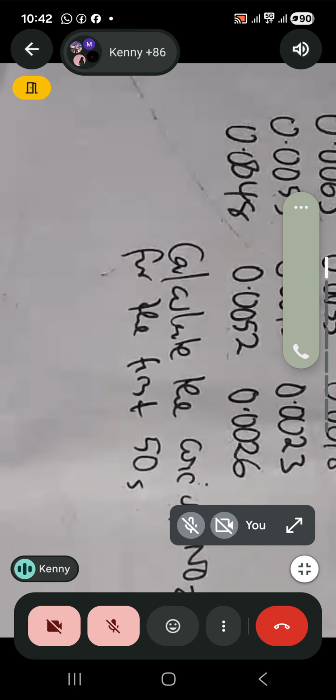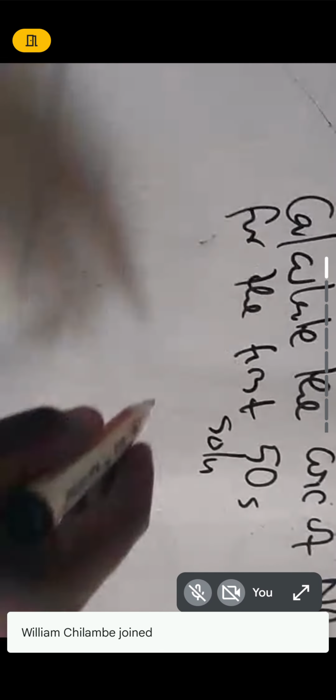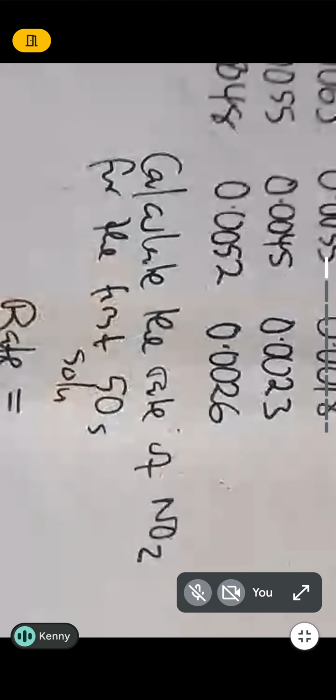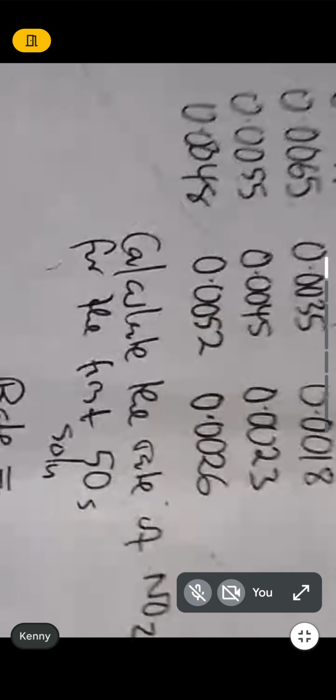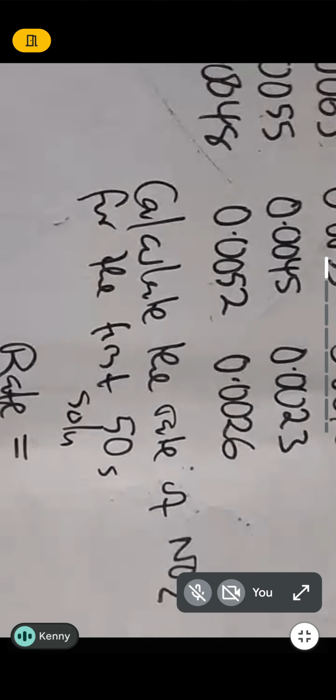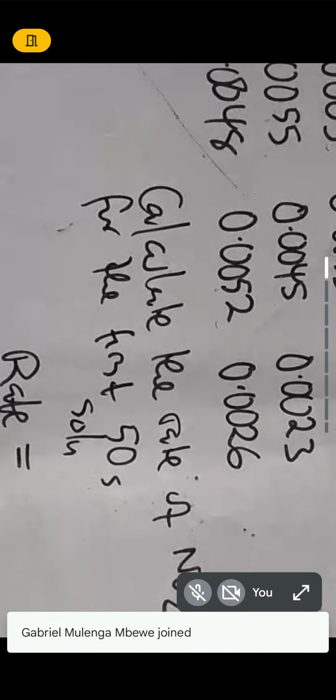So we are going to write the formula. Solution: rate is equal to... I said calculate the concentration, but calculate the rate, not concentration. You can change that. We are looking at the rate. Since we have the concentration, we want to calculate the rate. You can correct that.